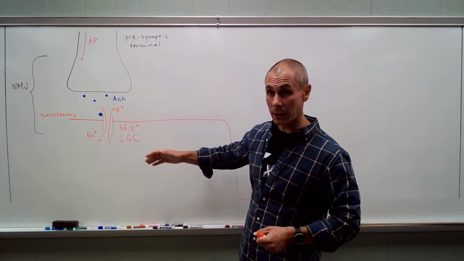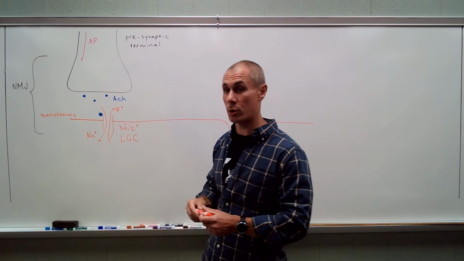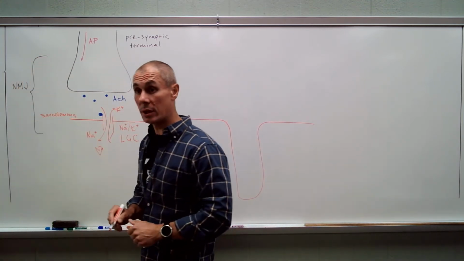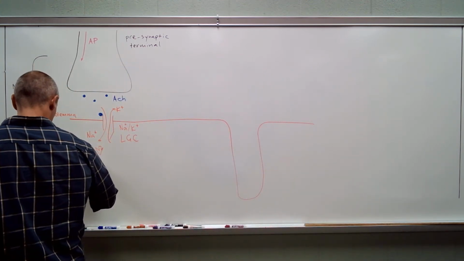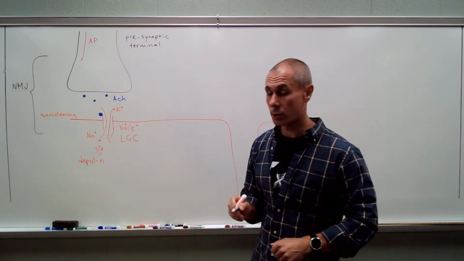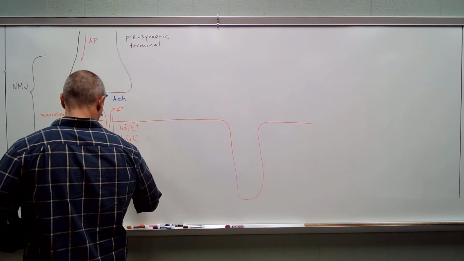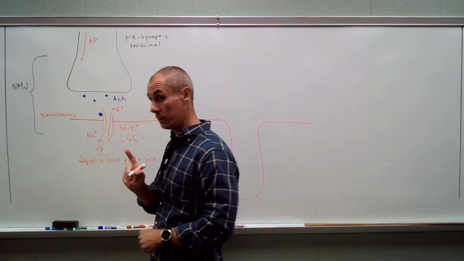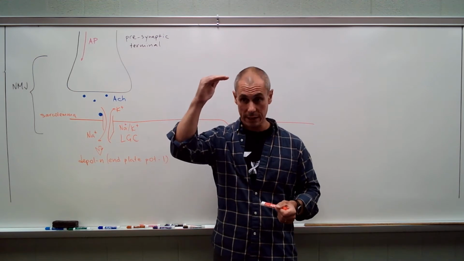So the overall balance results in more positive charges getting into the cell, which means local depolarization of that particular part of the sarcolemma. This local depolarization is called the endplate potential. It's the graded potential. Remember, graded potential can be of a different value, right?